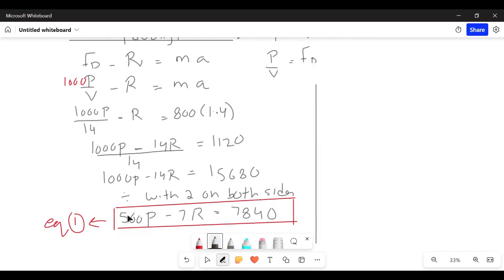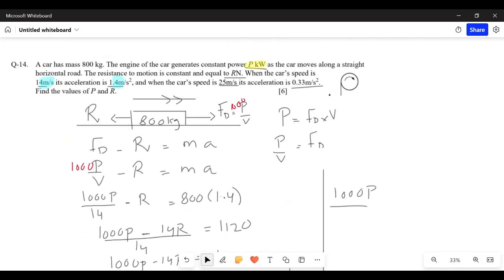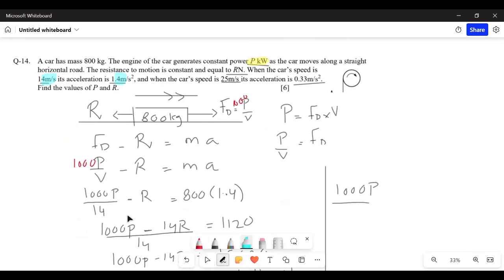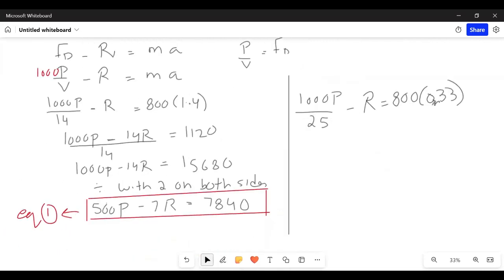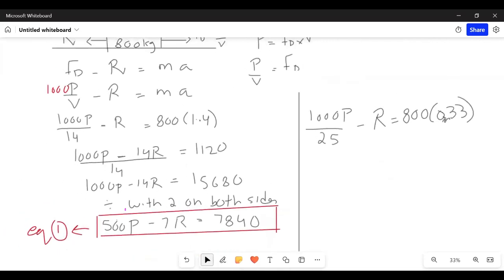For equation 2, substitute the other set of V and A given to us. So now 1000 P upon the speed for the second equation, which is 25, and the acceleration is 0.33. So we divide this by 25 minus resistance is equals to mass into 0.33. This will get us another equation in terms of P and R, and then we'll solve them simultaneously.